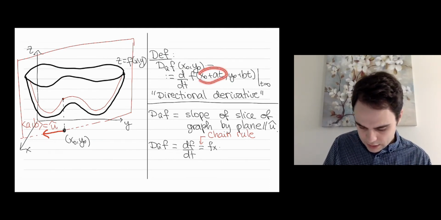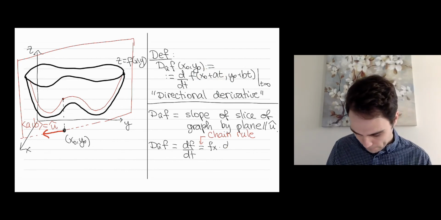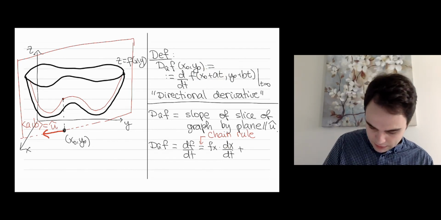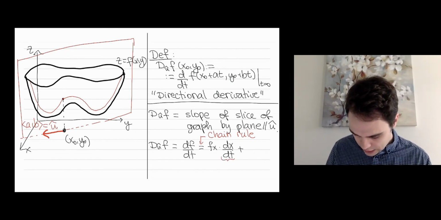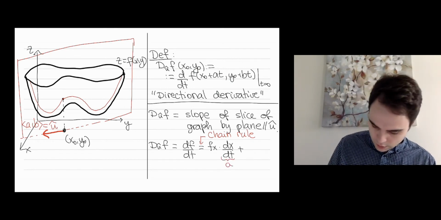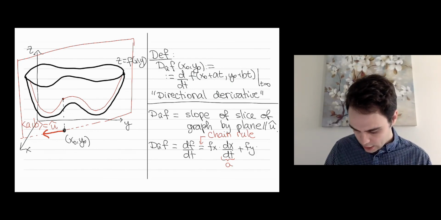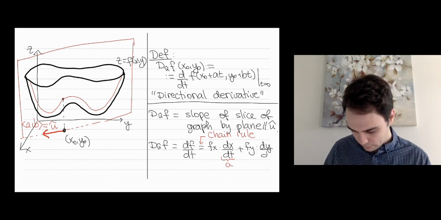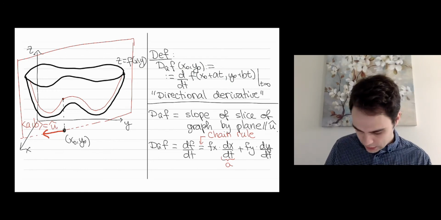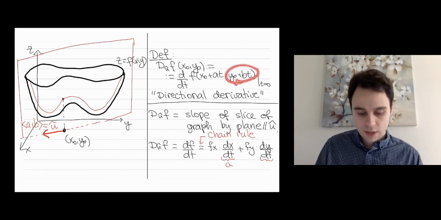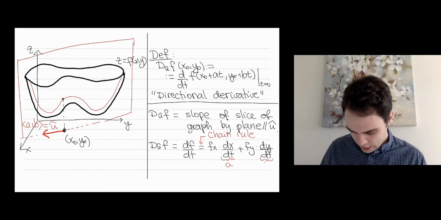So here's x, dx/dt. In this case it's going to be a, so we'll call this a, plus f sub y times dy/dt, which in the present case, y is y0 plus b times t, and so dy/dt is just b.